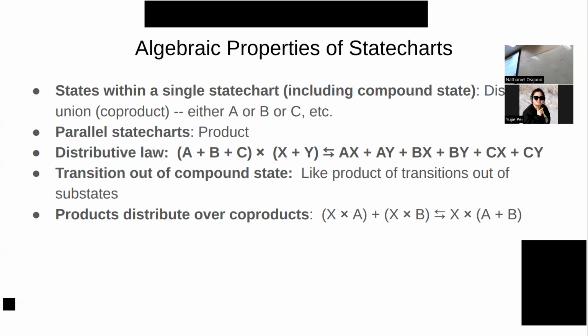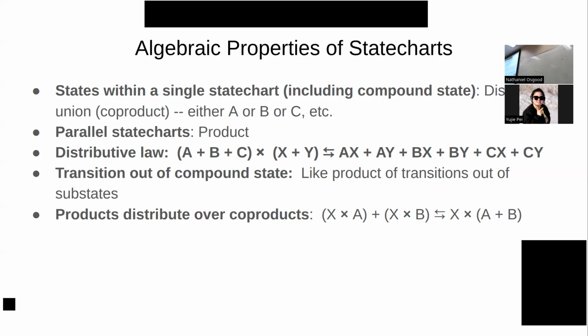Now, there's depth here that I'm not going into. There's a heck of a lot of depth. There's some really interesting stuff that comes in, for example, in the transitions into a compound state. But I think I'm going to leave it there.